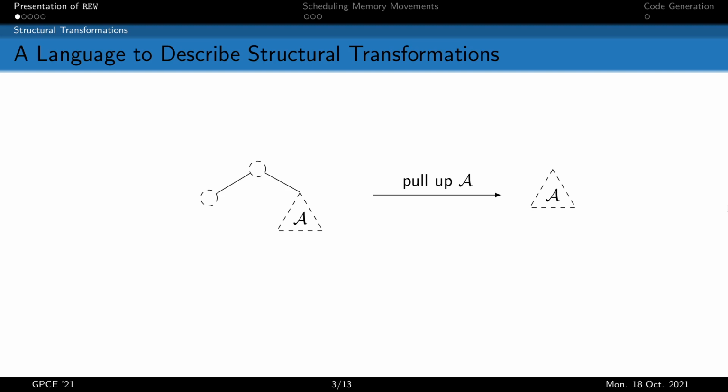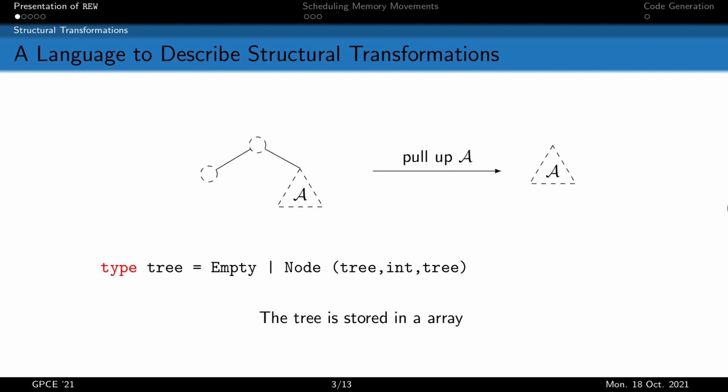All along this talk, we'll try to address this transformation where a subtree A is pulled up, that is, a rewrite of the former tree by its right subtree. First and foremost, it's important to remember that the tree is stored in an array. At this point of the talk, how the tree is laid out in memory is of no importance.